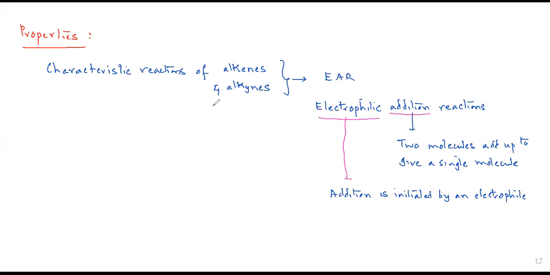Now the first electrophilic addition reaction is in fact the addition of hydrogen, but we have already seen that in the preparations of alkanes from alkenes. Alkenes on hydrogenation give alkanes. You can just go through that.